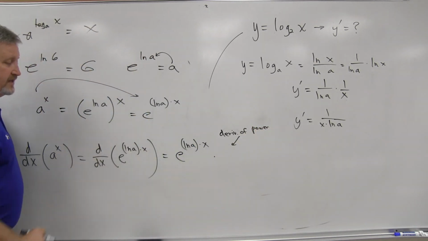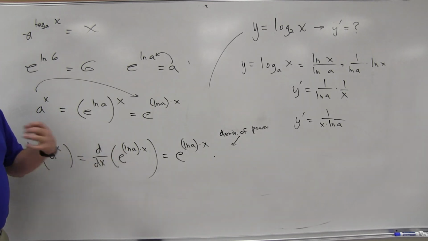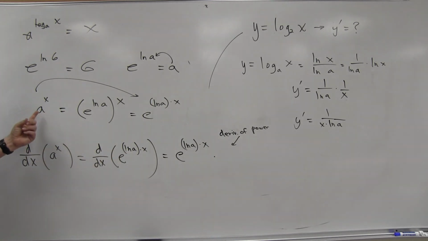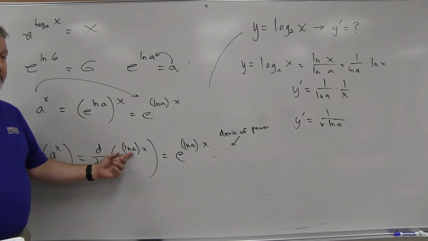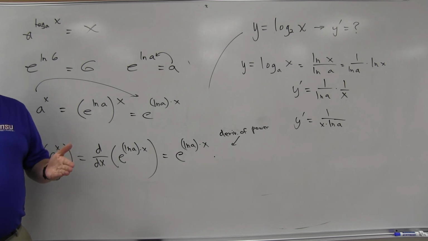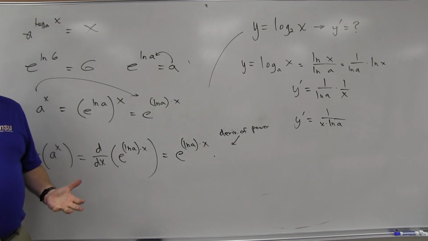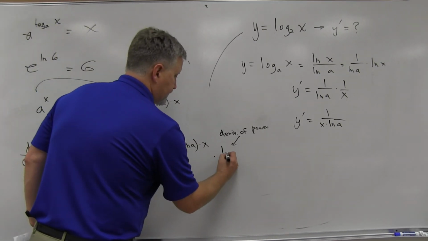Well, the power is ln of a times x. ln of a is just a number, because a is just the base, whatever the base is. What's the derivative of 2x? Derivative of 2x is 2. Well, the derivative of ln of a times x would be ln of a.